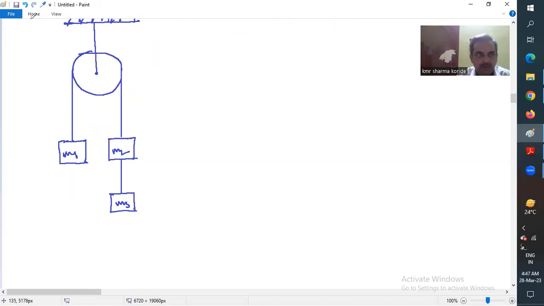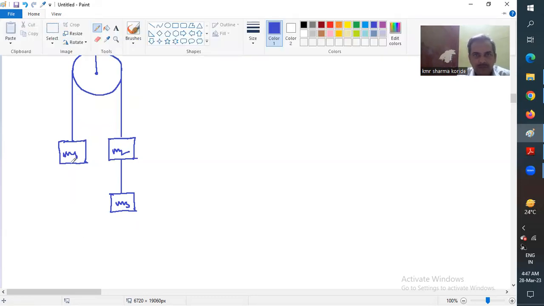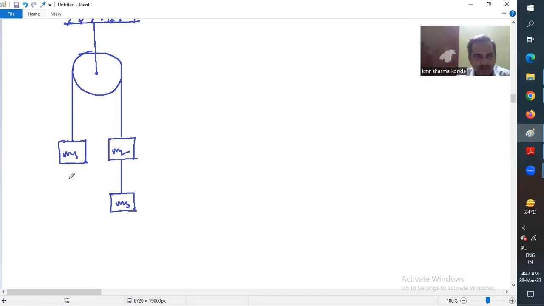Now, first let us list out the forces acting. First thing is the weight of M1 acts vertically downwards. This is M1G. Similarly, the weight of M2 also acts vertically downward. This is M2G. And this is going to be M3G. Now let us list out how the tensions will be.